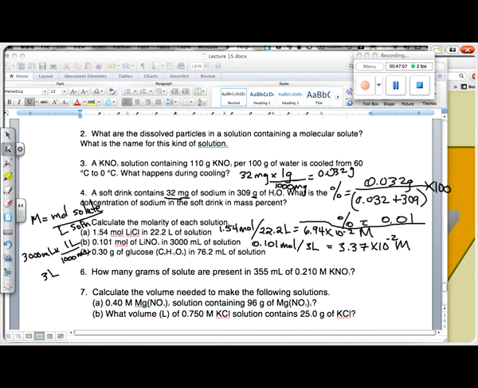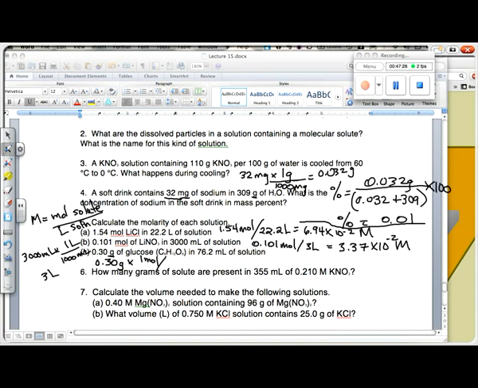And then our C, now I have to convert to moles because I'm given my amount in grams. So 0.30 grams, 1 mole of glucose weighs, I'm going to add all those up.